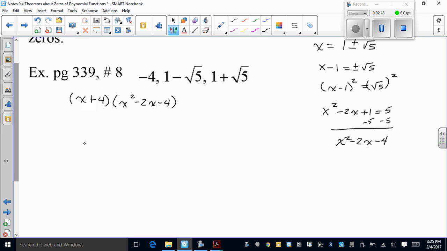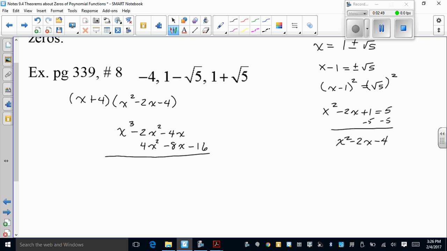So on this one here, multiply it out. x times x squared gives me x cubed. x times -2x is -2x squared. x times -4 is -4x. 4 times x squared gives me 4x squared. 4 times -2x gives me -8x. And 4 times -4 is -16.